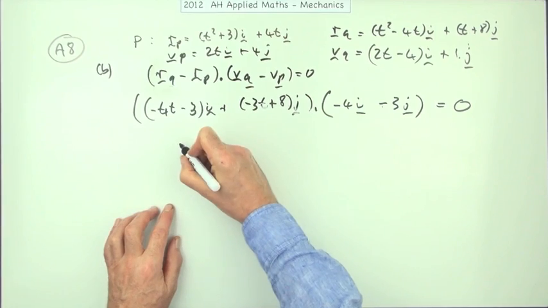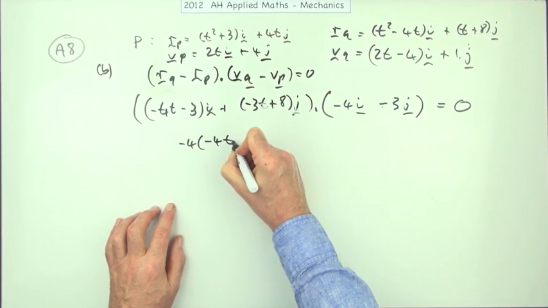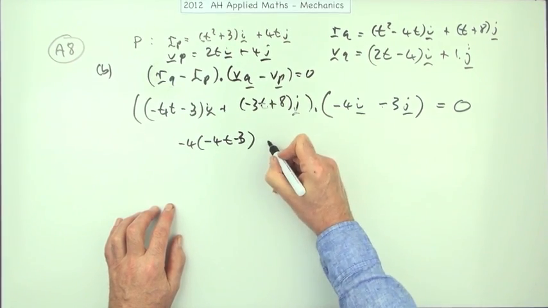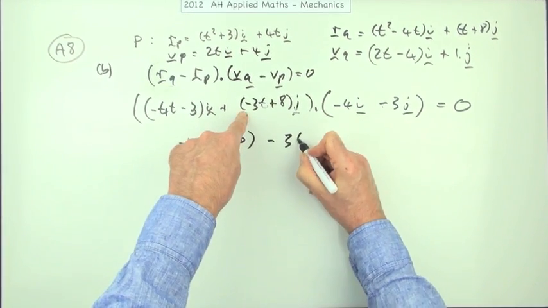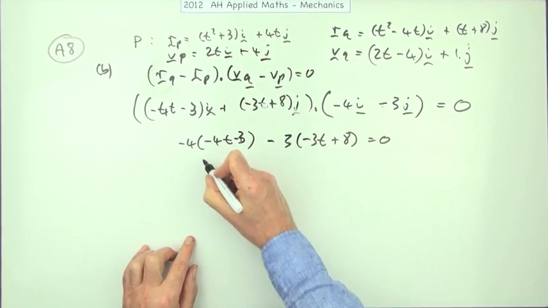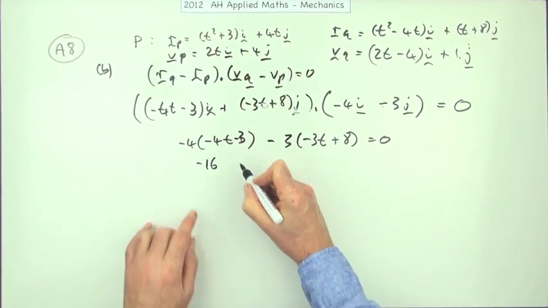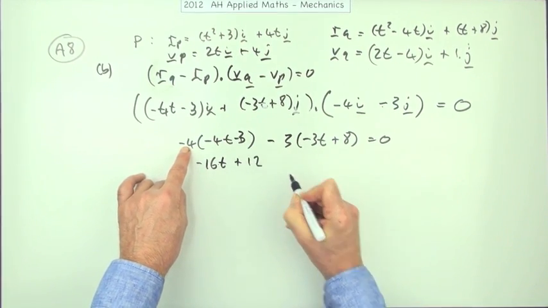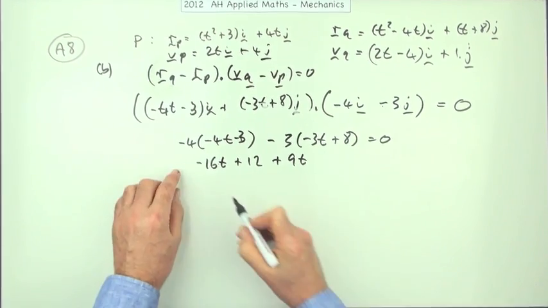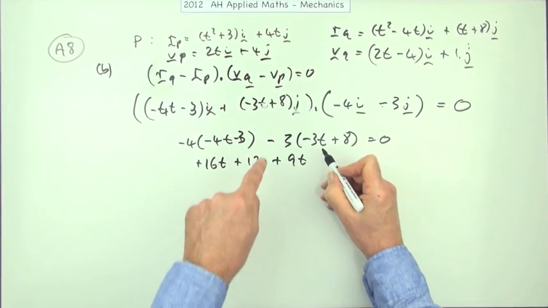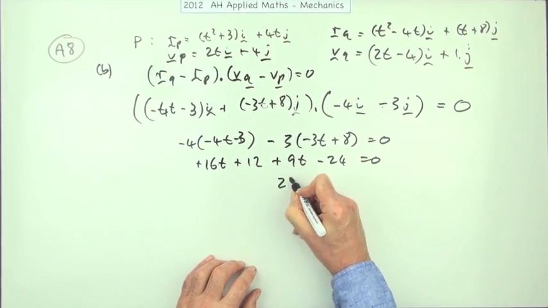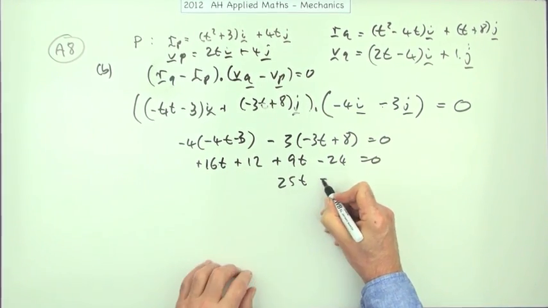So I've got negative 4 times this, negative 4 times 4t minus 3, minus 3 times this one, negative 3t plus 8, should equal 0. So what's that? Negative 16t plus 12 plus 9t, positive 16t plus 9t minus 24 is 0. 25t minus 12 equals 12.